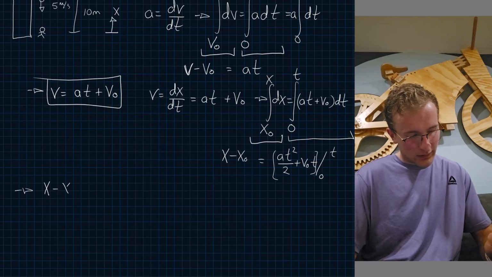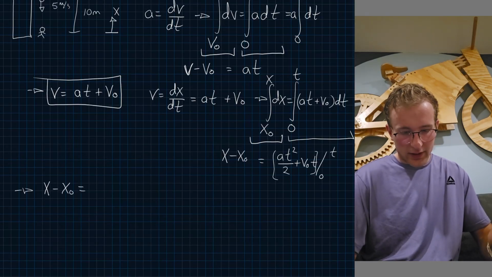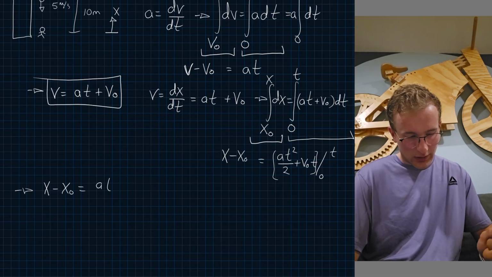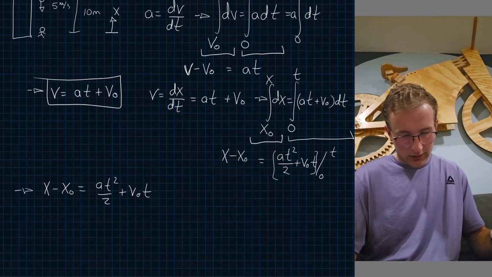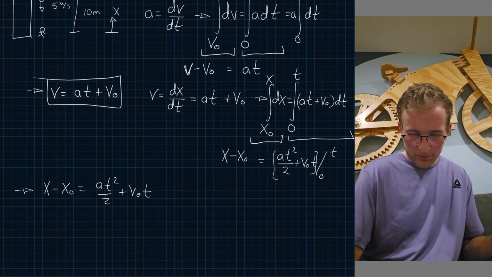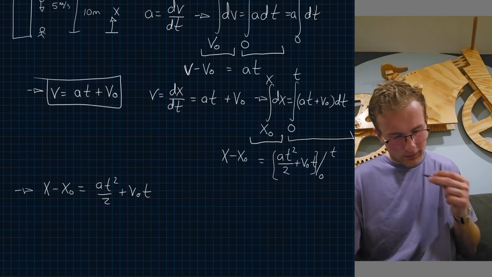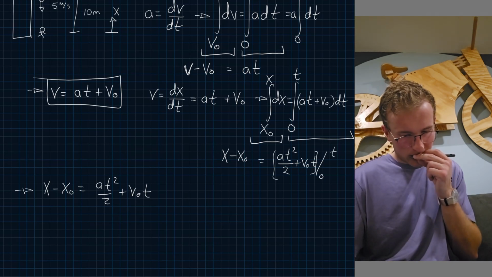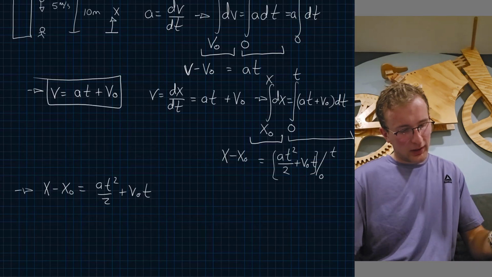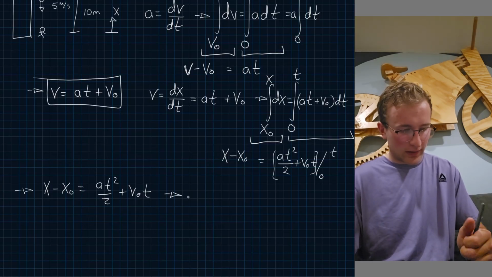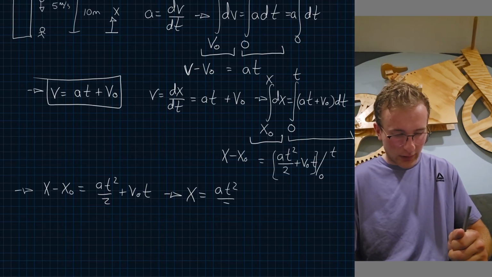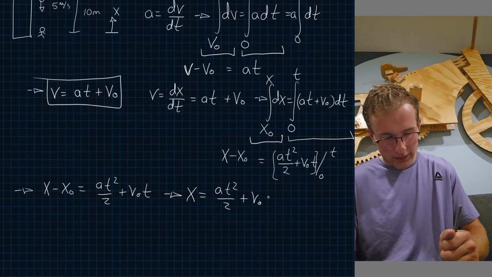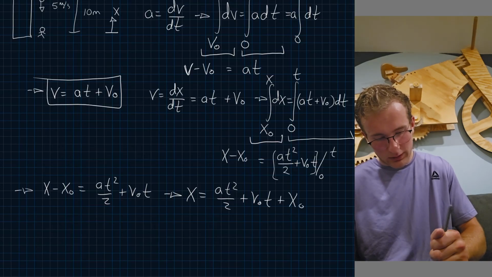And then we get x minus x naught is equal to a t squared over 2 plus v naught times t. Okay, and then I can arrange that for x, and I get x is equal to a t squared over 2 plus v naught t plus x naught.